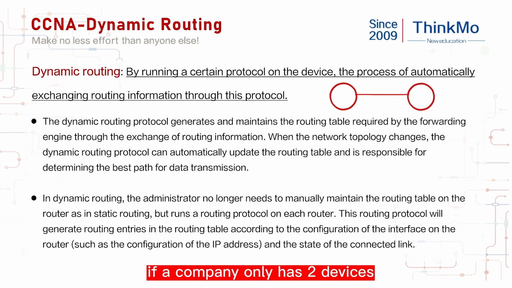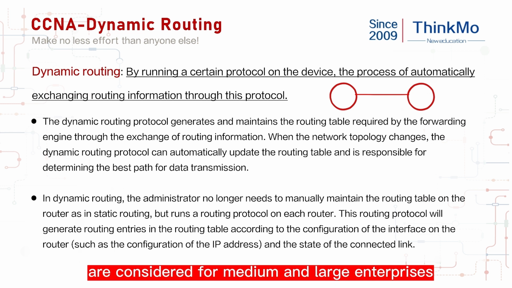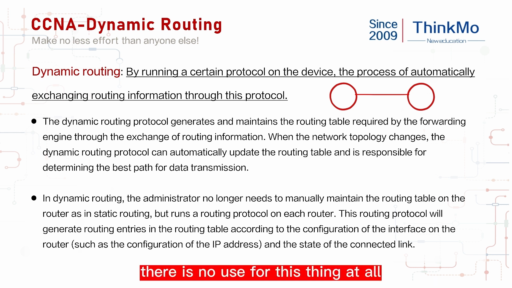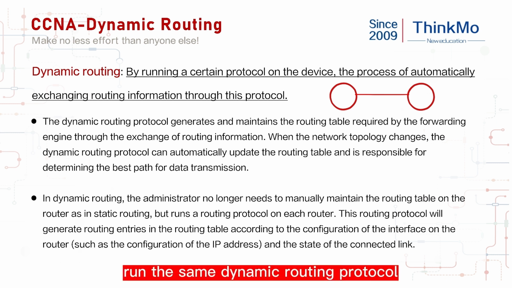If a company only has 2 devices, usually go static. So actually, dynamic routing protocols are considered for medium and large enterprises. If it is a small business with just a router, there is no use for this at all. We need to run the same dynamic routing protocol on both routers.